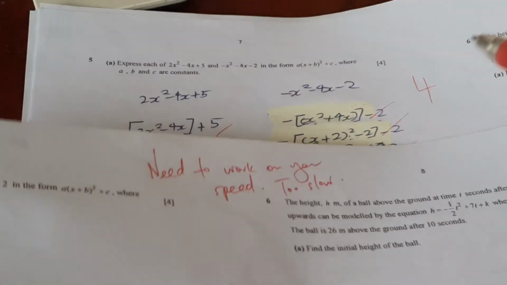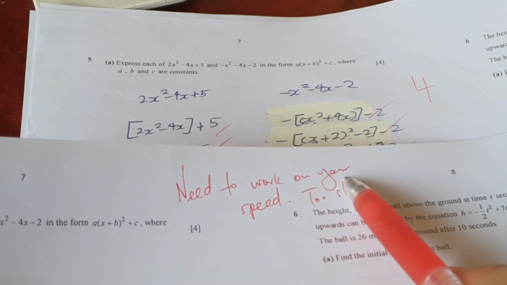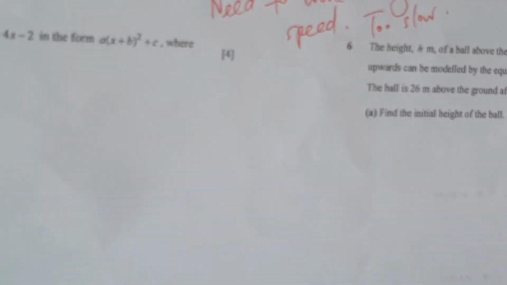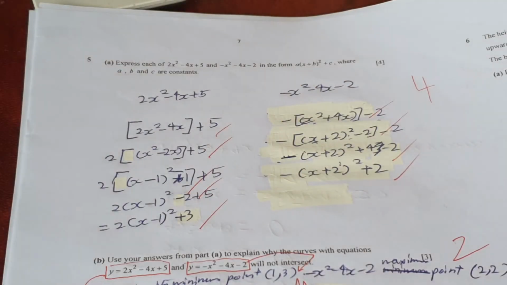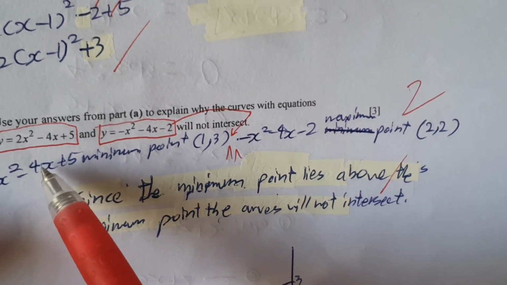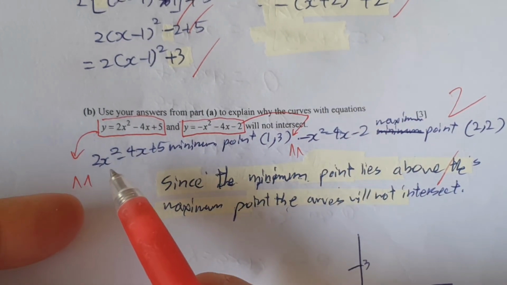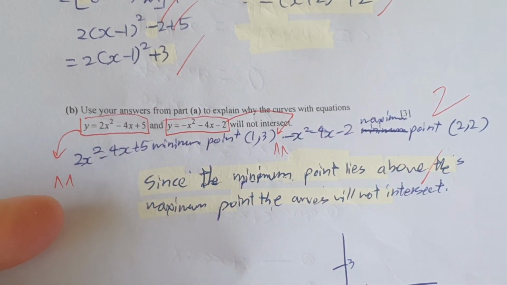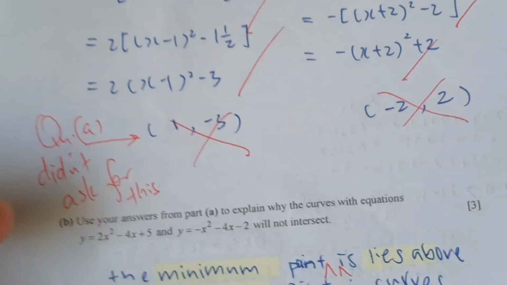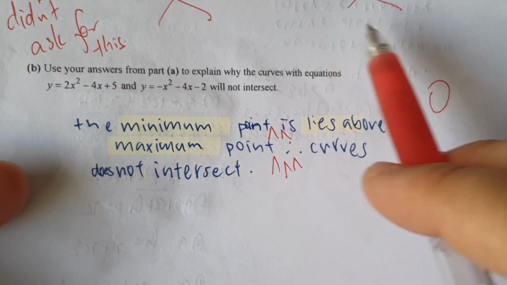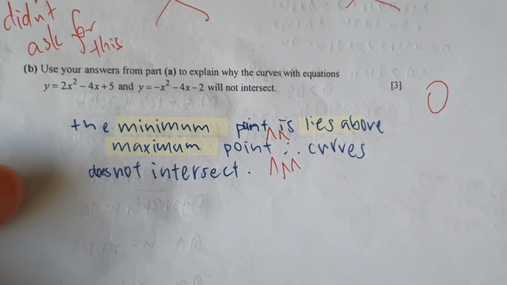I did write here that you need to work on your speed. Many of you just left it blank, meaning you spent too much time on your previous questions. Very poor time management would put you at a disadvantage in the exam, because you only have limited time. Now this one again, never write y equals, so please remember. This one also, you never say what the minimum point is and which curve. Okay, we will stop here.